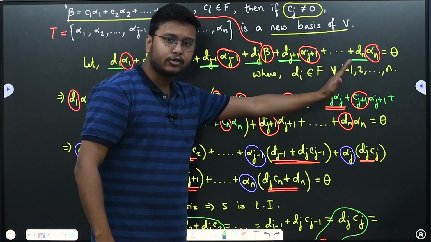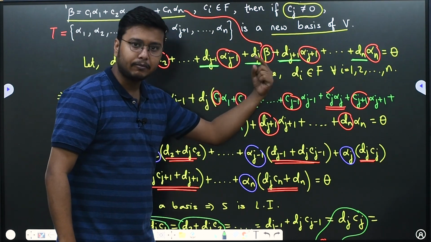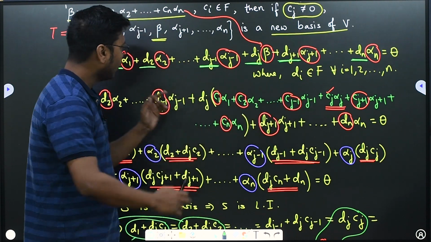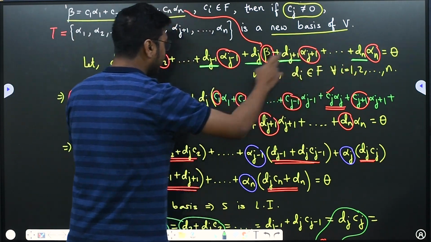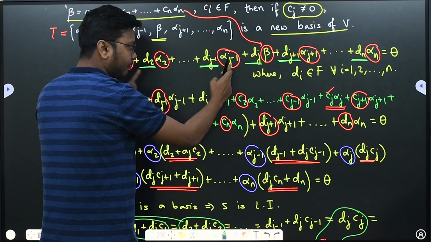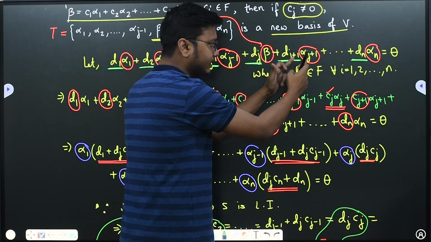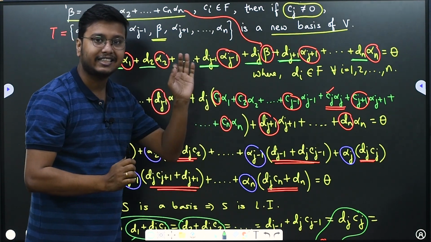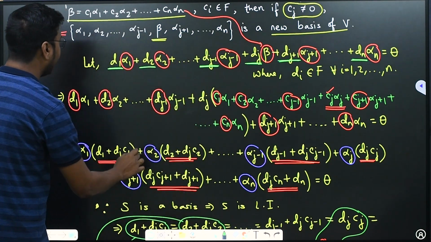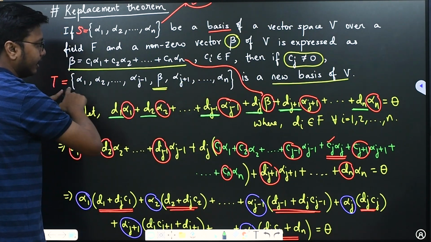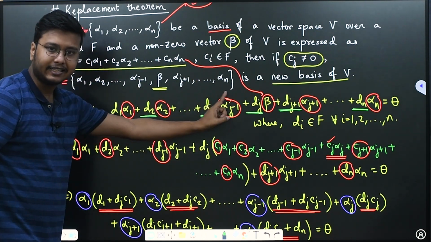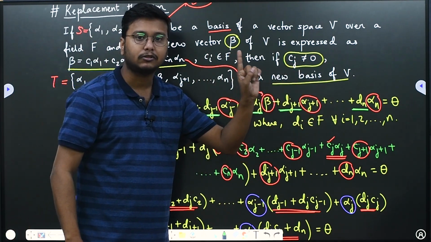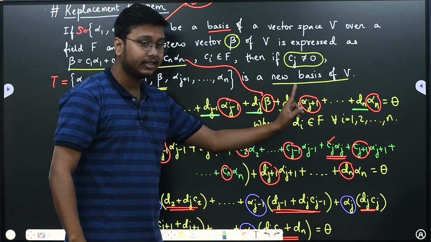Because in this expression, if all the coefficients become 0, that means the vector set must be a linearly independent set. So this vector set that I have circled over here, alpha 1 up till alpha j minus 1, then beta, then alpha j plus 1 to alpha n, was termed as the T set, as you remember. So it turns out that this T set is linearly independent, which was the first part of our proof, because we are trying to show T is a basis.